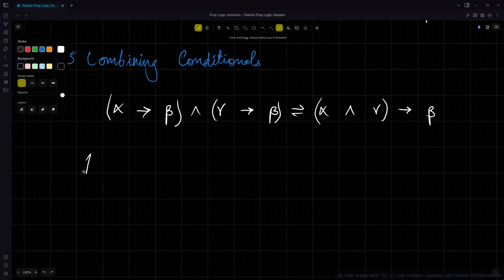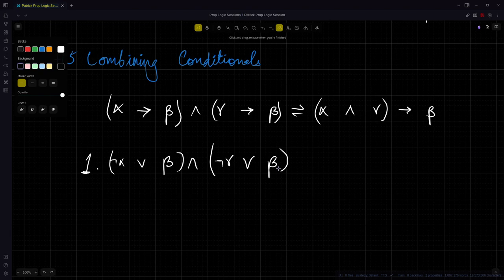So, I guess should we do a material implication on both, what's inside both brackets? Yeah, we can try that. Not alpha or beta, and not gamma or beta.